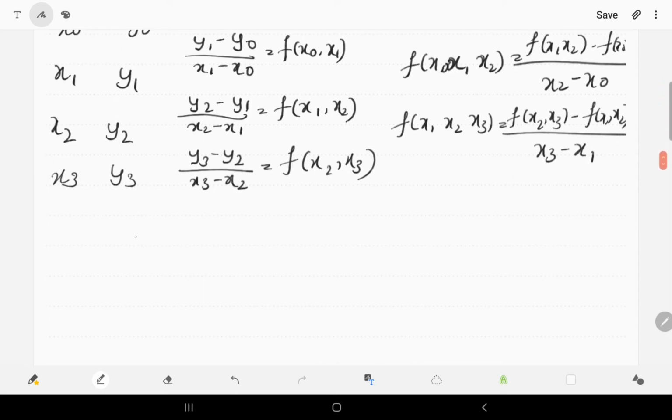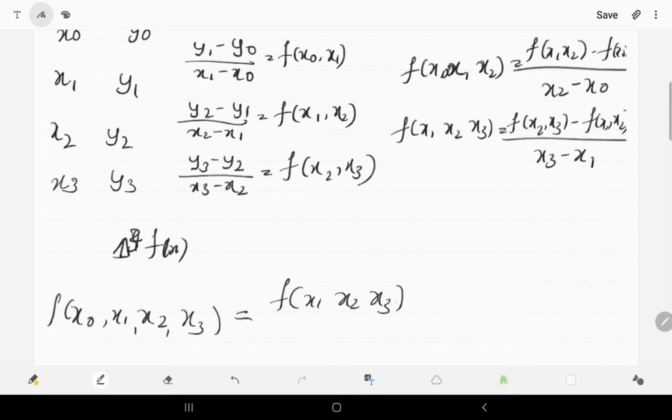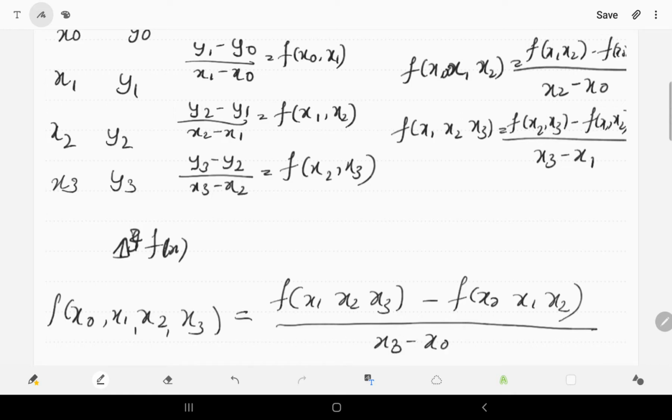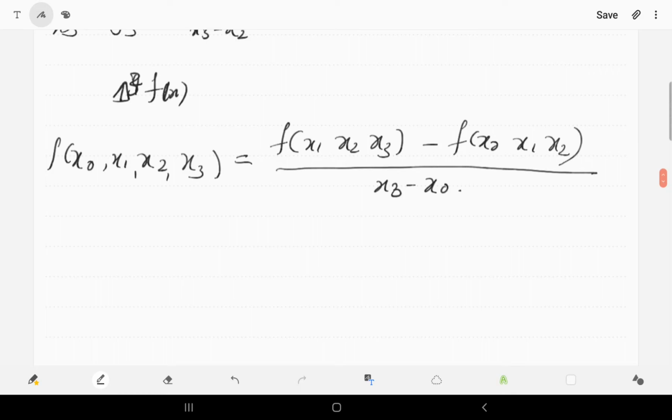Similarly, the third difference is given by f of x0, x1, x2, x3, which is equal to f of x1, x2, x3 minus f of x0, x1, x2 divided by x3 minus x0. This is the fourth difference and so on. This is known as divided difference.